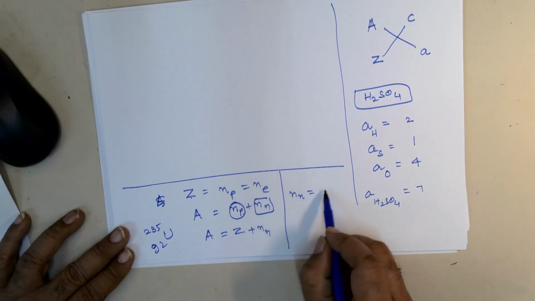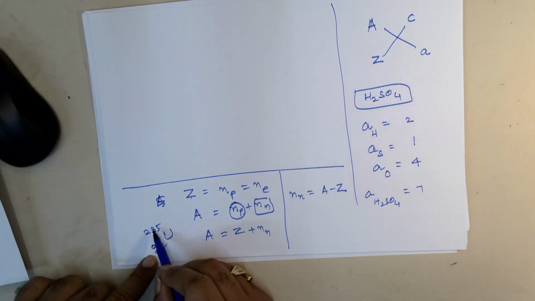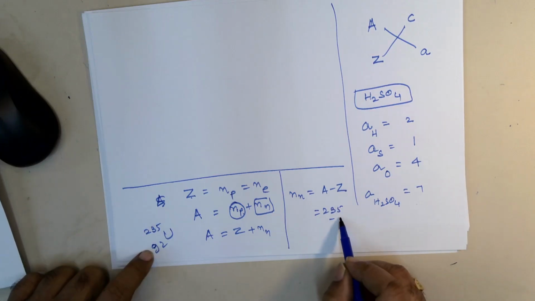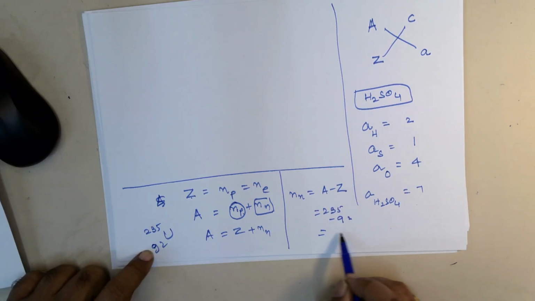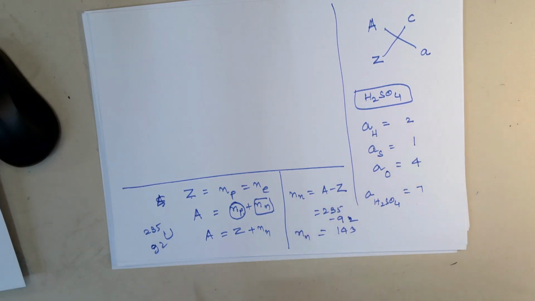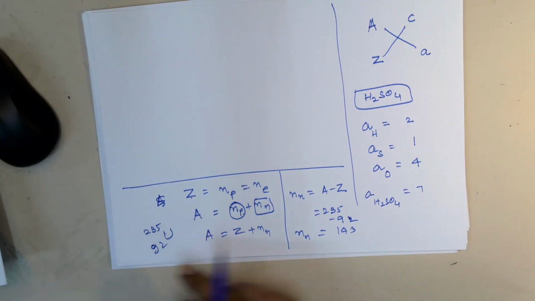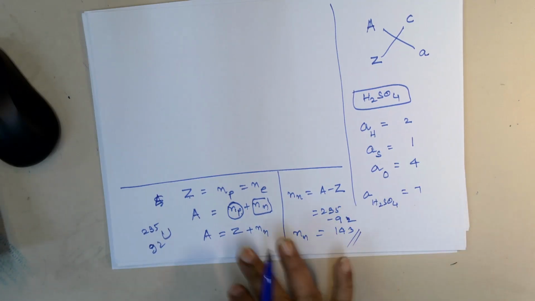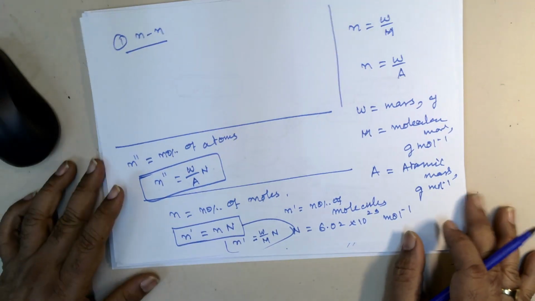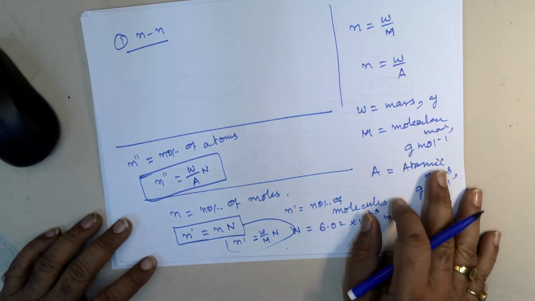Number of neutrons is equal to A minus Z. So you have got both A and Z. What is A? 235 minus this 92. So that you can say this is 143. So the neutron number of uranium 92, 235 is 143. So likewise you can work out. Now let me come back here. I hope now you are very clear with the mole concept.